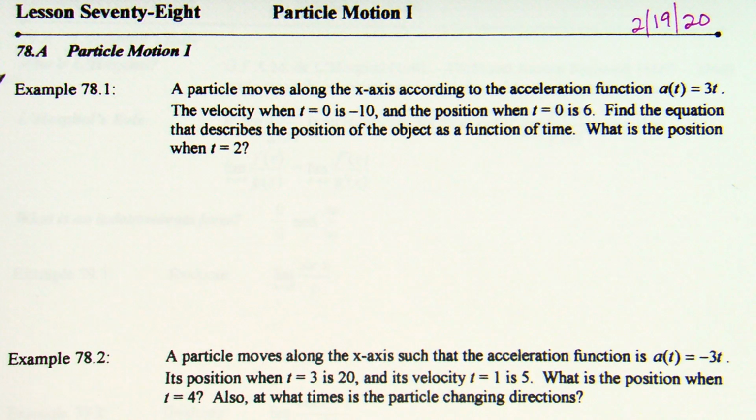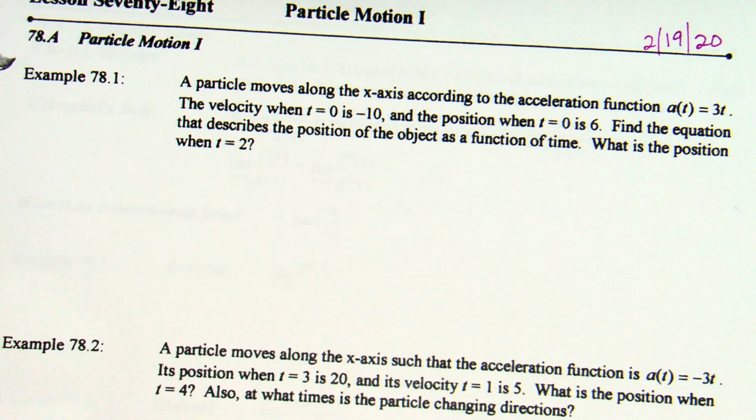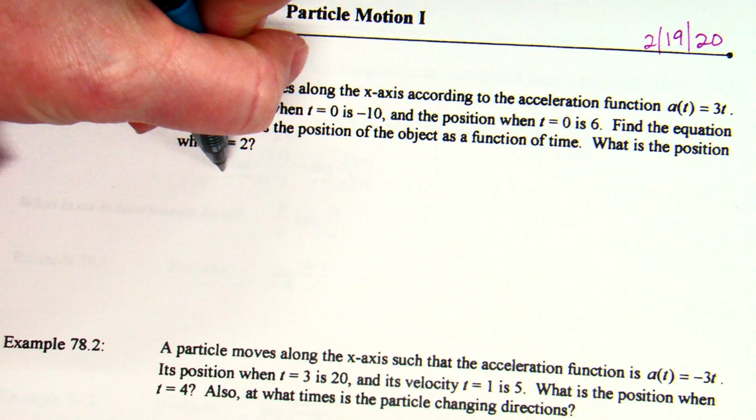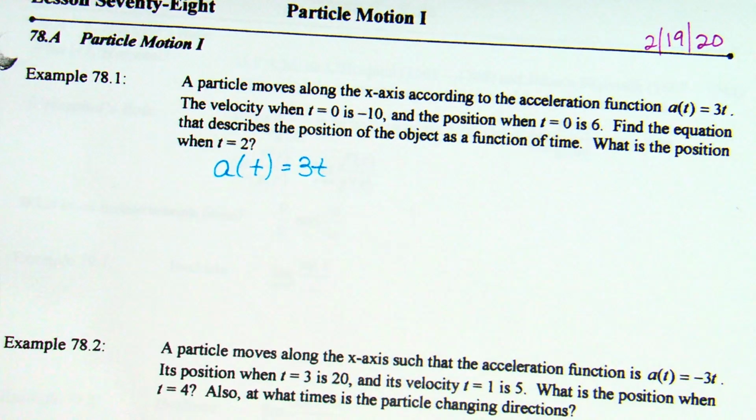Our main goal is to find the equation that describes the position of the object as a function of time. So, find the position function. What are we given to begin with? We are given acceleration, a of t equals 3t.